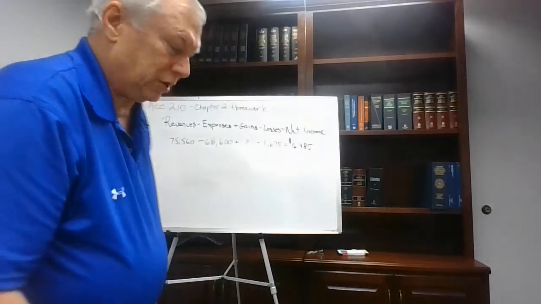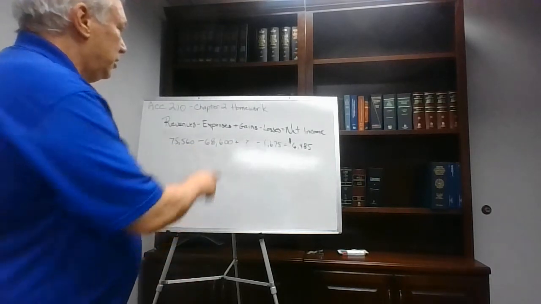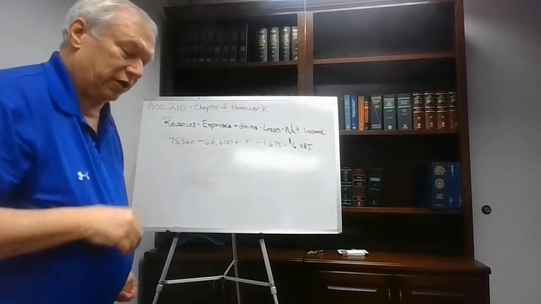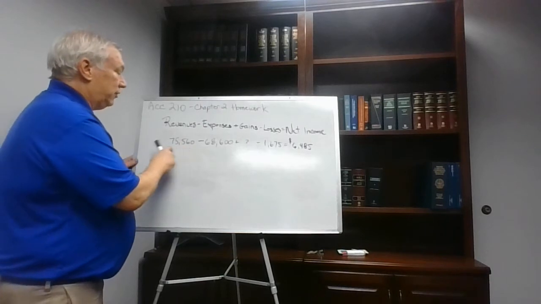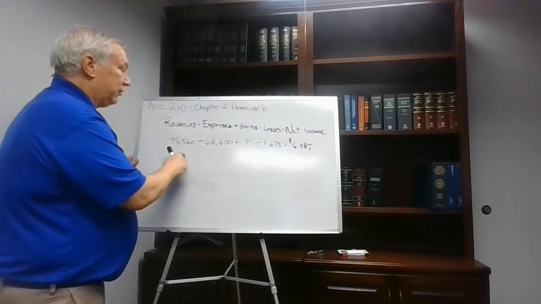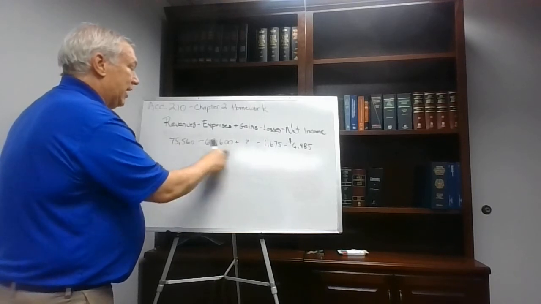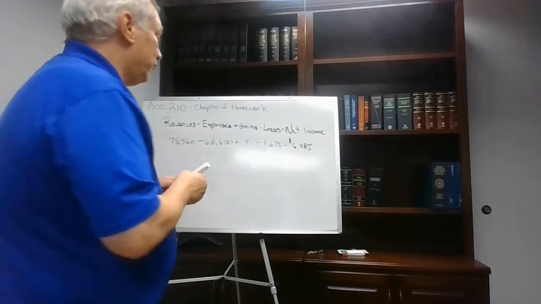There we go. Okay, so 75,560 minus 68,600 plus question mark minus 1675. Well, since we know that if we want to get rid of the 75,560, we subtract it. If we want to get rid of the 68,600, we add it. Why don't we just do that all in one step over on this line?